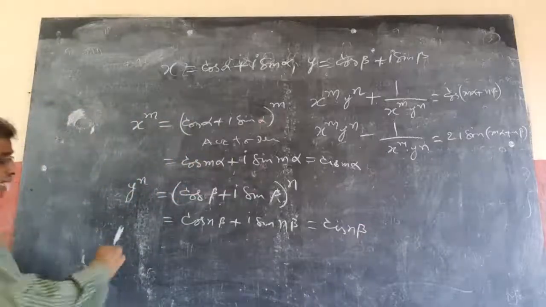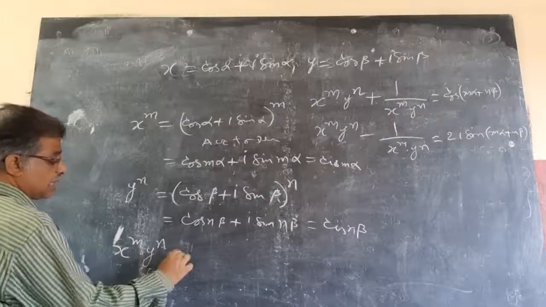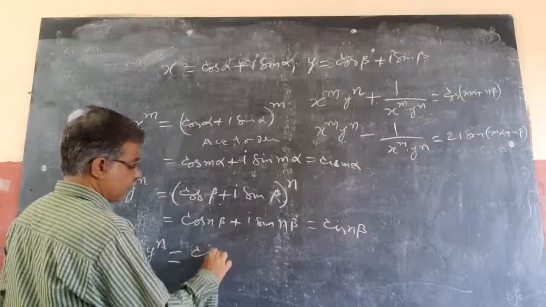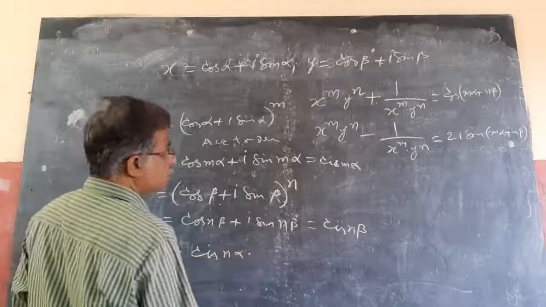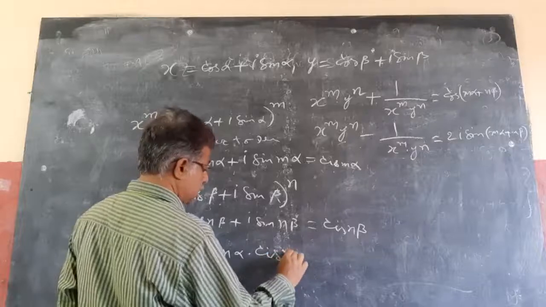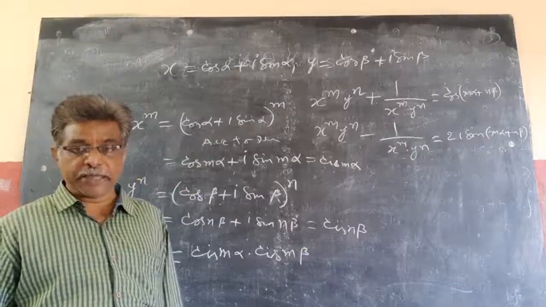Now x power m into y power n is asked. x power m into y power n means cis m alpha into cis n beta. So cis alpha into cis beta is cis of alpha plus beta only.